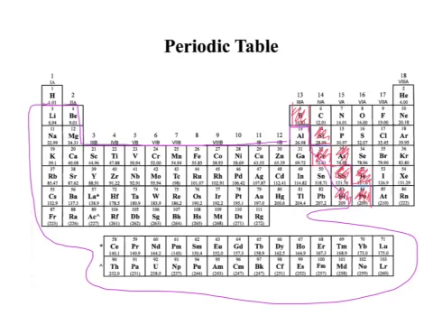And then the next type of element are the nonmetals, here in blue. The nonmetals tend to have a variety of states of matter.